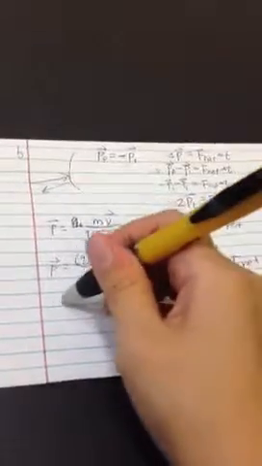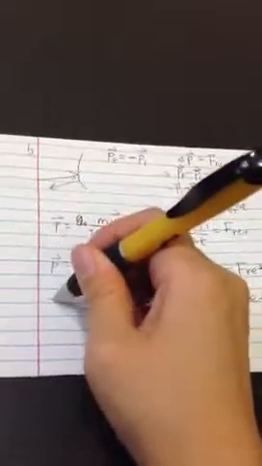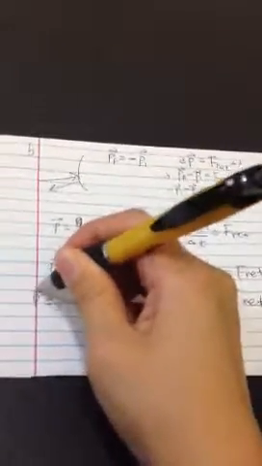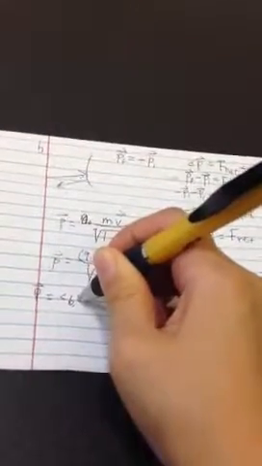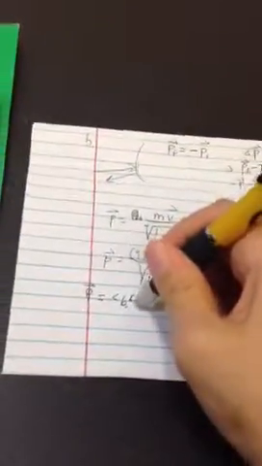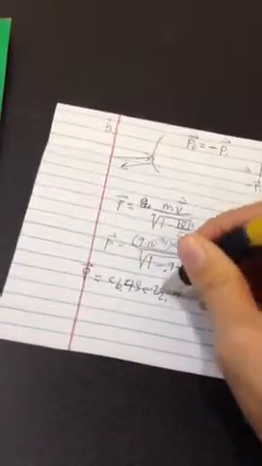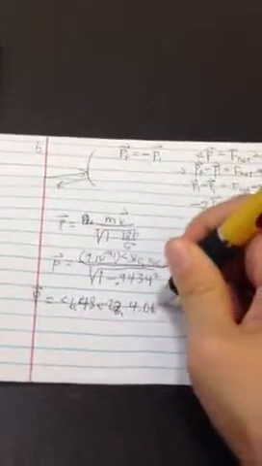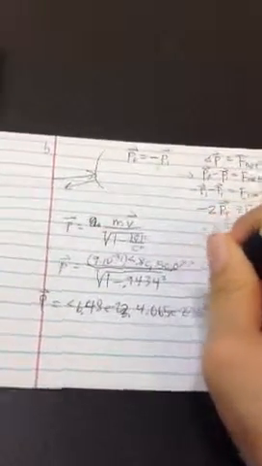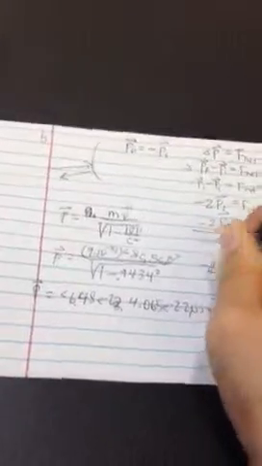And that will give us p, remember, is 4.8e negative 22. Sorry, it's hard doing this with one hand. 4.065e to the negative 22 and 0 newtons.